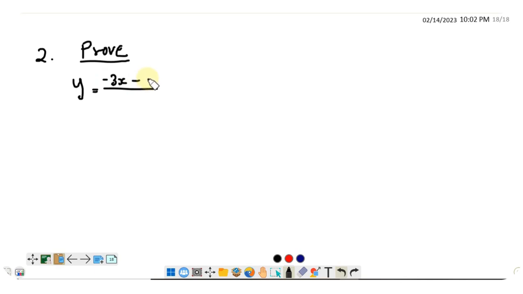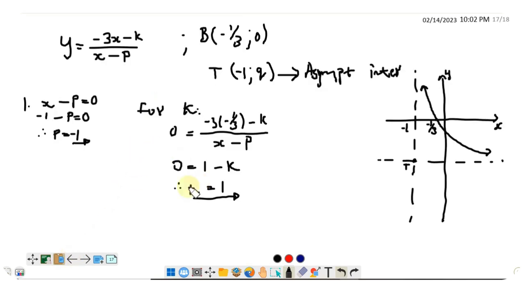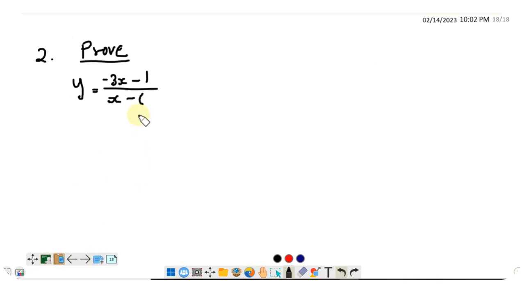Our value of k is positive 1, so we write positive 1, and x minus the value of p, which is negative 1.